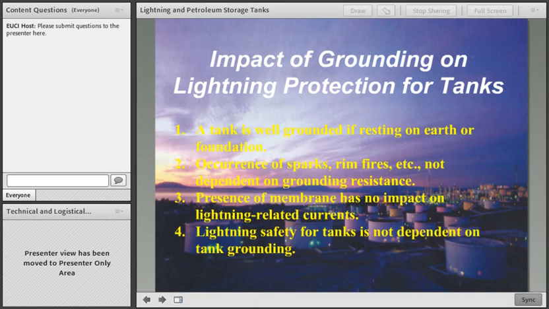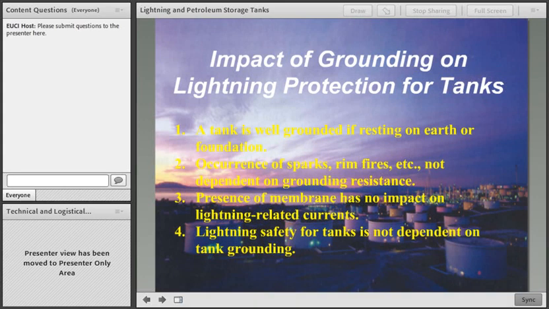So basically, we're saying here that a tank is essentially self-grounded and that no additional grounding electrodes are required for lightning protection. Some owners ground their tanks maybe for other reasons, like for the instrumentation or for the power or whatever. But as far as lightning protection is concerned, a tank is considered to be self-grounded.